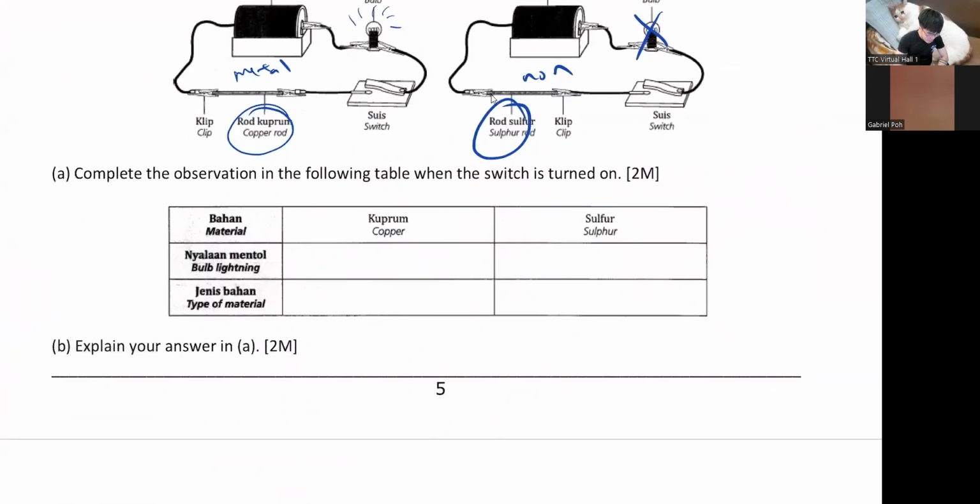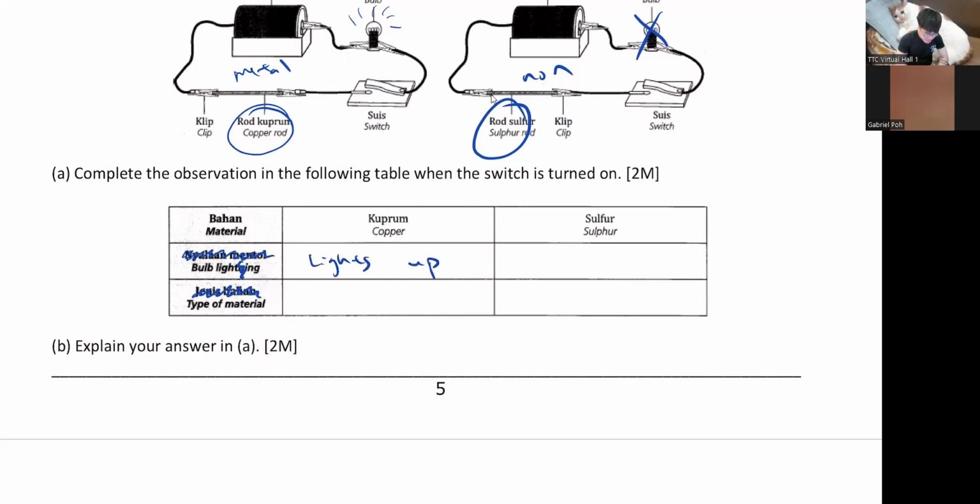Kindly ignore the Malay, because it's taken from a dual language book. So for copper, complete the observation when the switch is turned on. For copper, the bulb should be lighting, so it lights up.